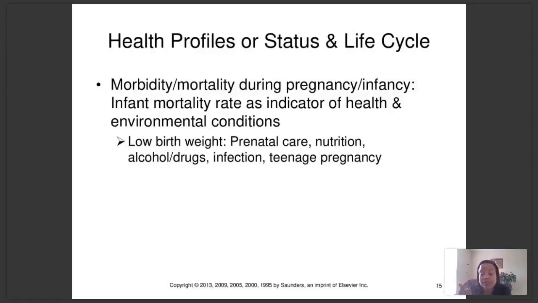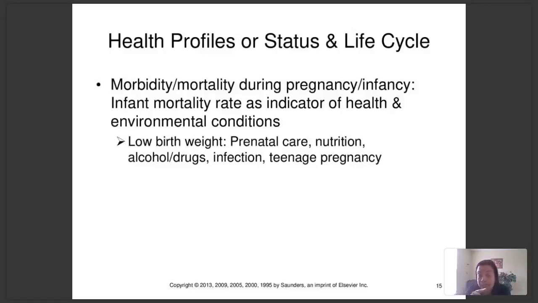We can look along the life cycle for some of this information. I brought up the example of the difference between defining infant morbidity and mortality versus neonatal morbidity and mortality. Again, the age of the child is going to make the difference in what category he or she might fall into, okay?